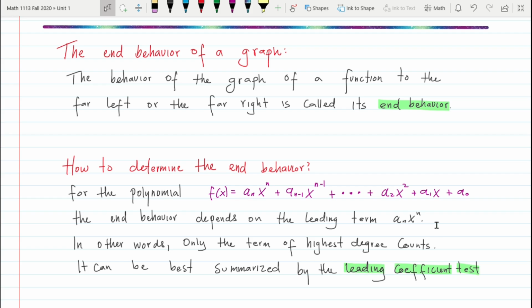So only the highest degree counts. And there is a piece of information that is going to be determined by the leading coefficient test. That's going to help us figure out the end behavior of any graph just by looking at it.